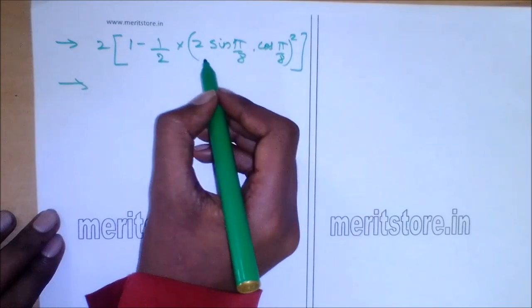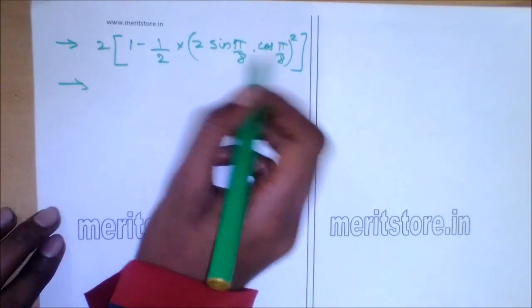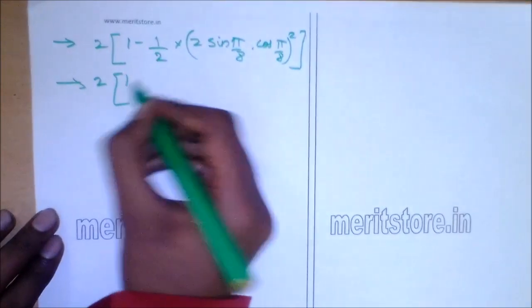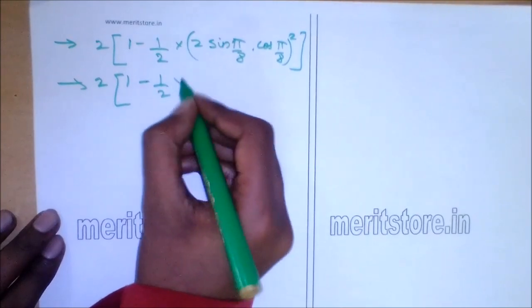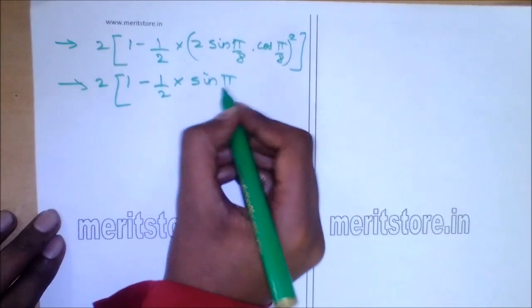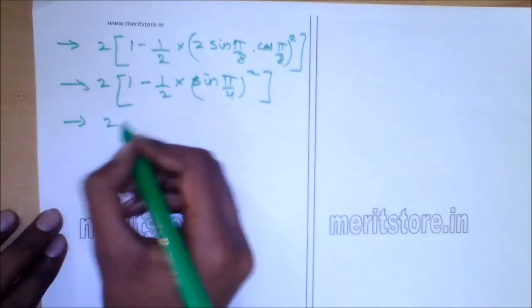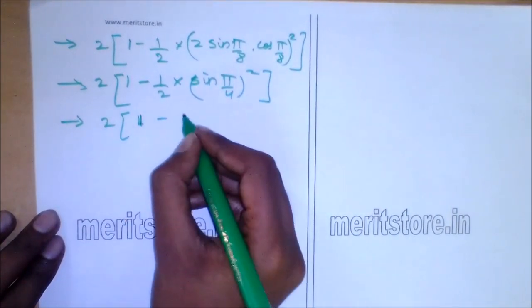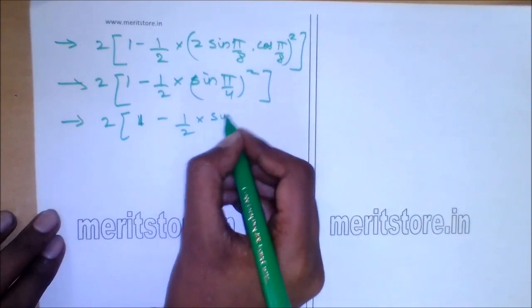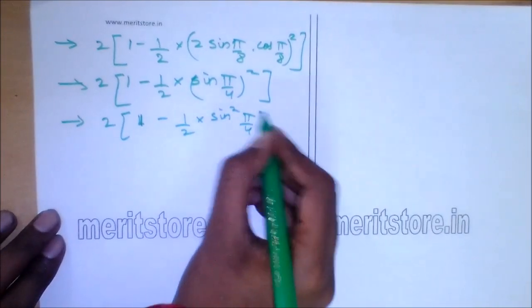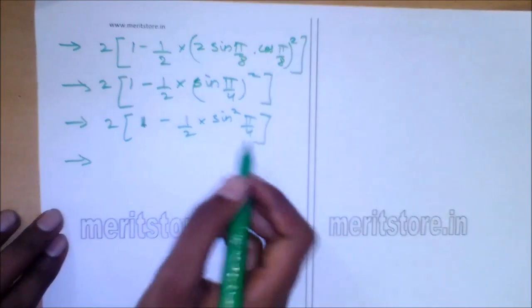This is nothing but 2 sin theta cos theta, that is sin 2 theta. So this is 2 into 1 minus half into sin pi by 4 the whole square, that is 2 into 1 minus half into sin square pi by 4. Now sin pi by 4 is 1 by root 2.